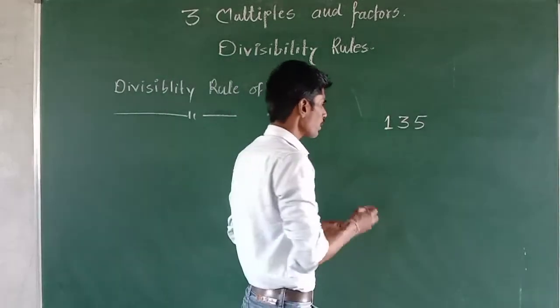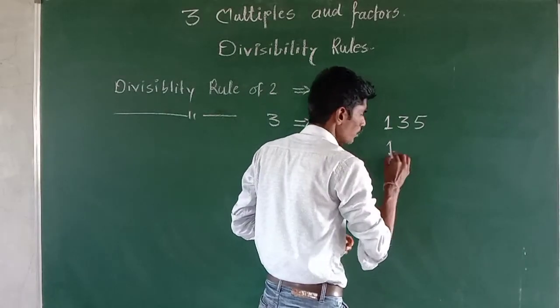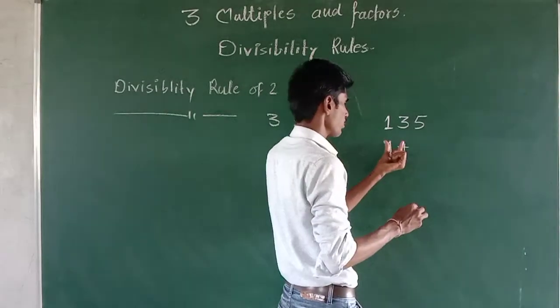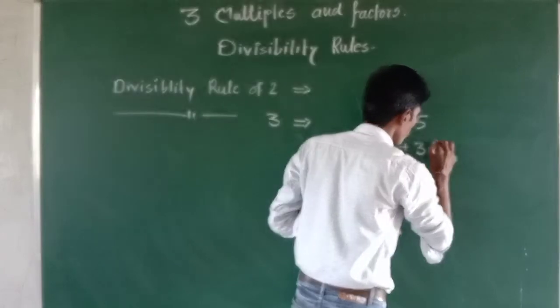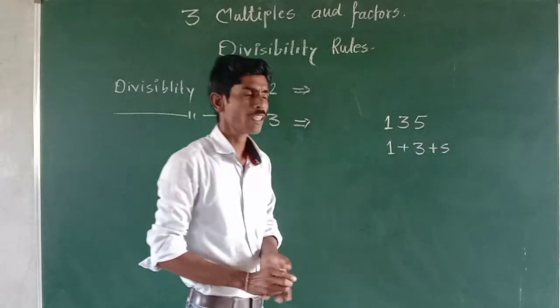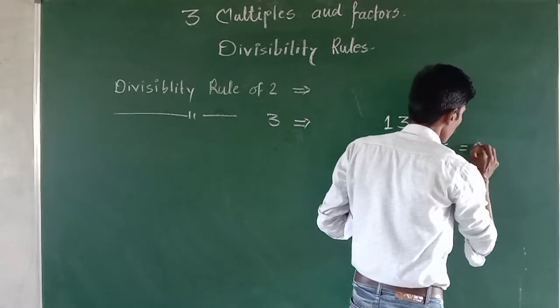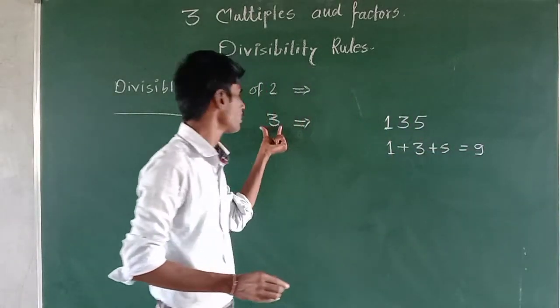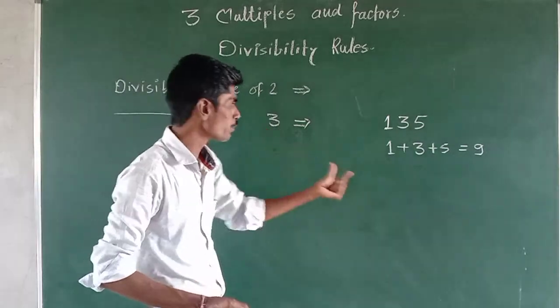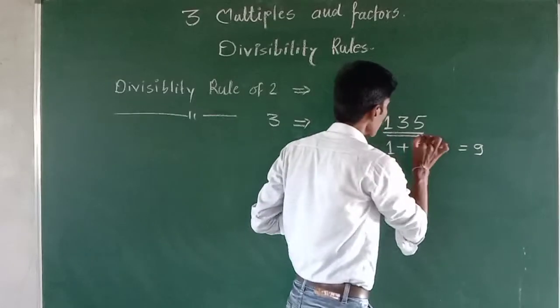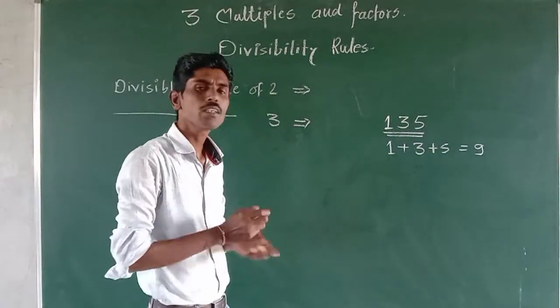So we do the addition of all digits: 1 plus 3 is 4, 4 plus 5 is 9. So 9 comes in the table of 3. That's why this 135 is exactly divisible by 3.